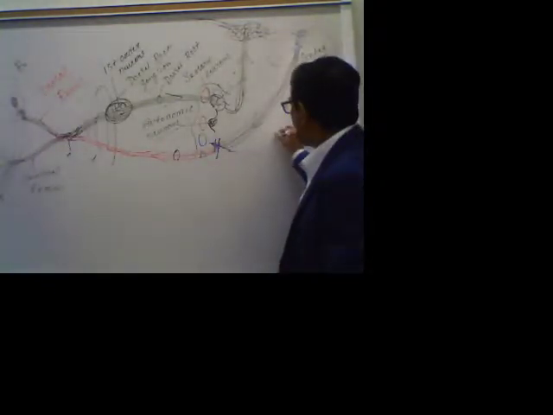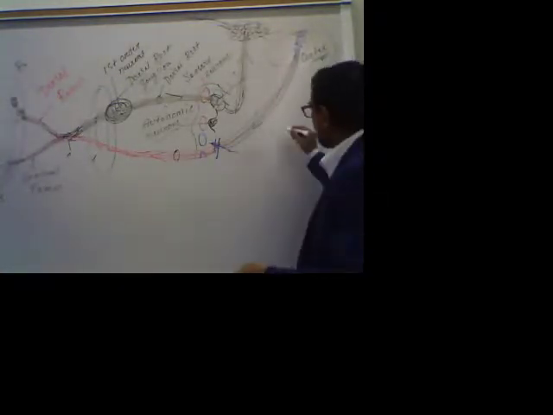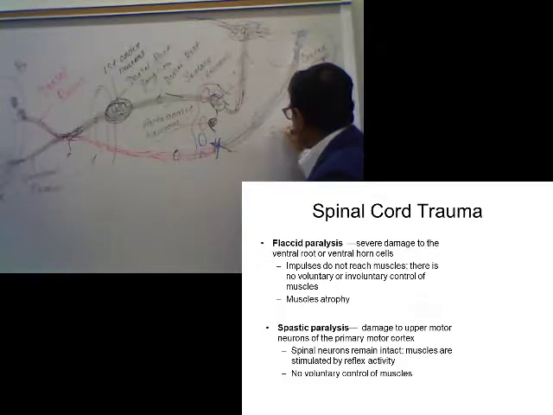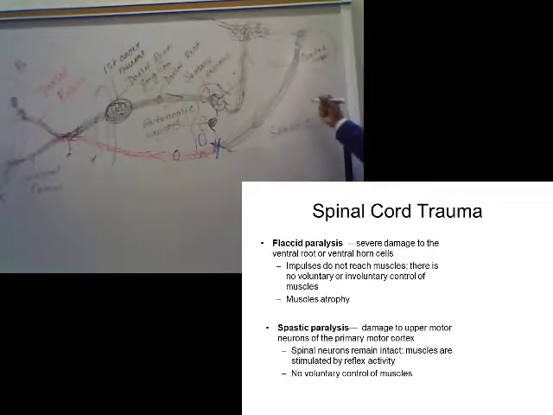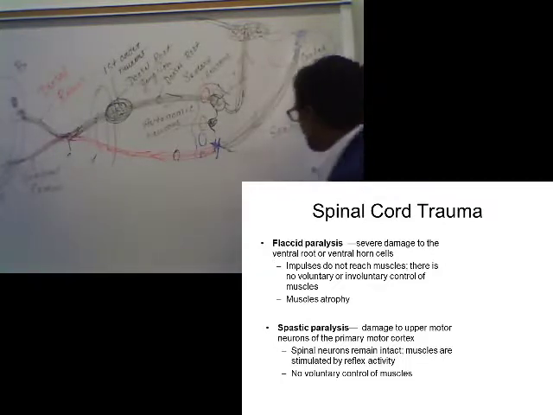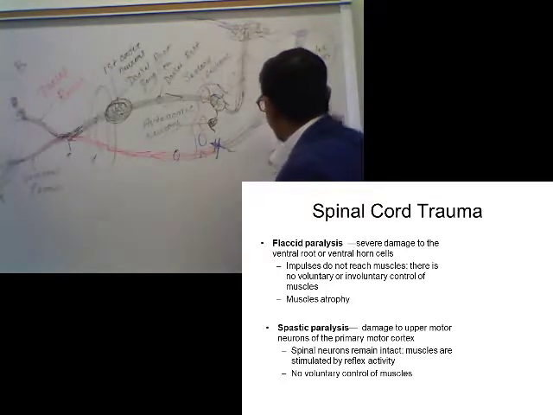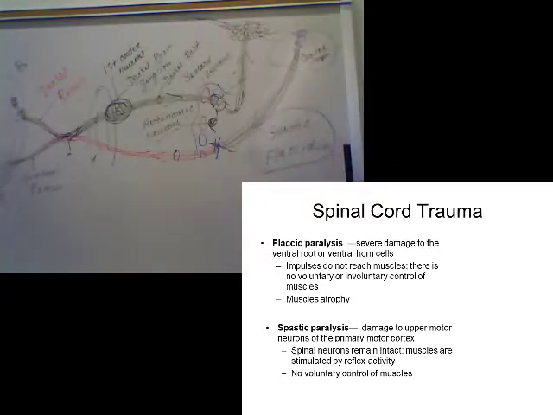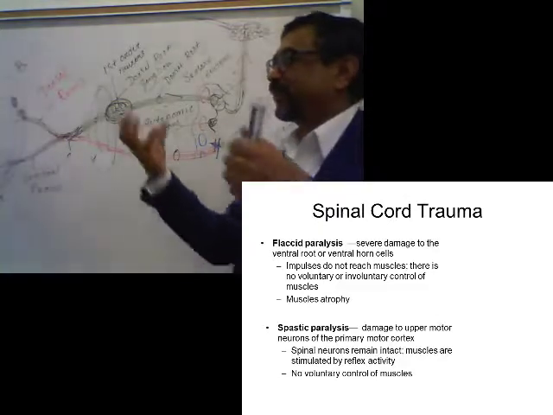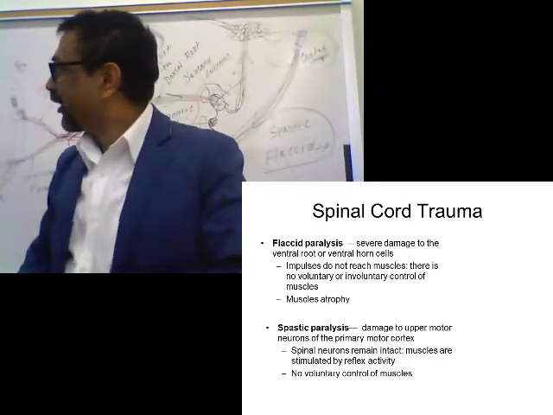One is called spastic paralysis, in which the muscles are in a strongly contracted condition, spasm, and another is flaccid type paralysis, in which the muscle tone is gone. So muscles are very flaccid, relaxed.